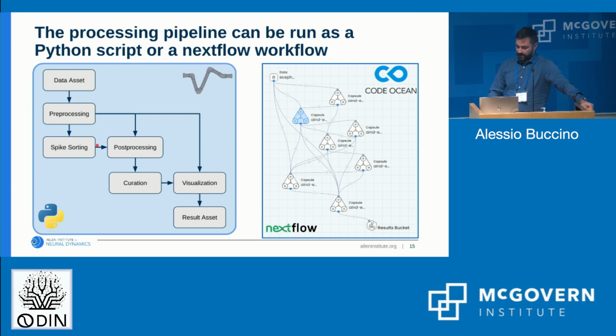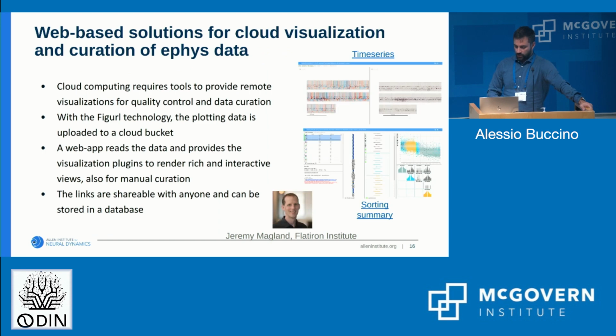One problem that we faced and tried to solve, again in collaboration with the Flatiron Institute and Jeremy, is visualization. If everything runs in the cloud, how do we provide powerful and interactive visualization? We collaborated with Jeremy and co-developed this.